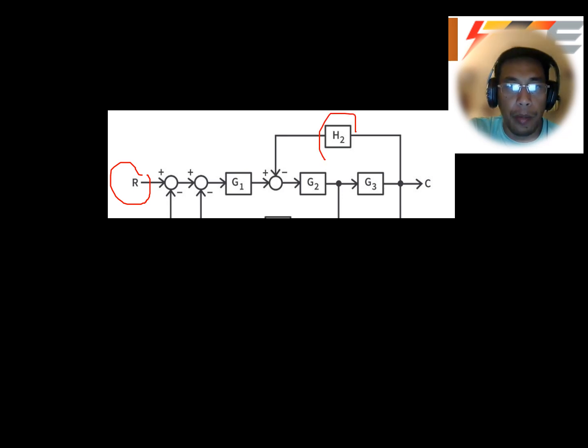So here as an example is an H. The summing junction computes the error signal as the difference between the reference input and feedback. So these here are the summing junctions. And lastly, the output C as a function of S is the system's actual output, which is this one.